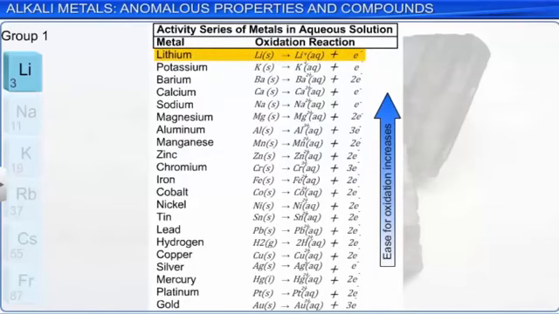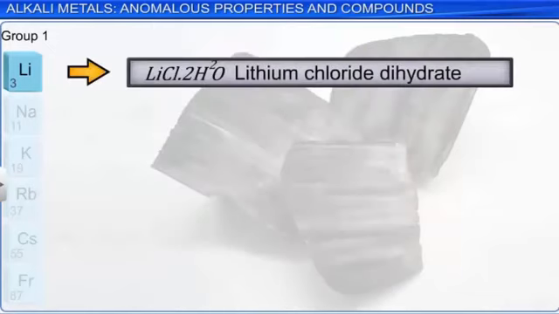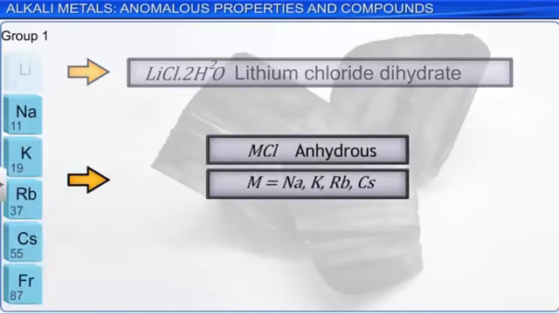Additionally, lithium chloride is the only alkali metal chloride that forms a hydrate, lithium chloride dihydrate. The chloride salts of the other alkali metals are anhydrous. In many ways, lithium is an exceptional alkali metal.